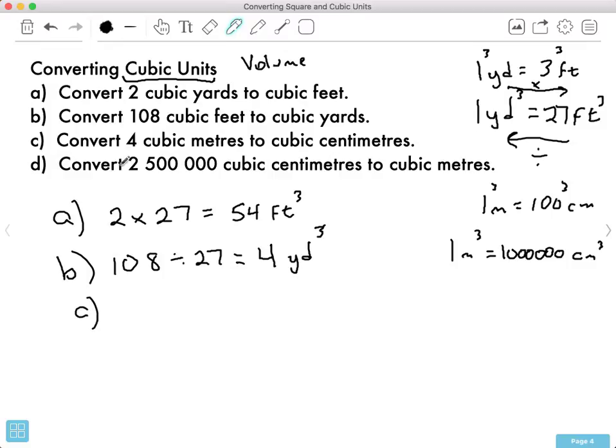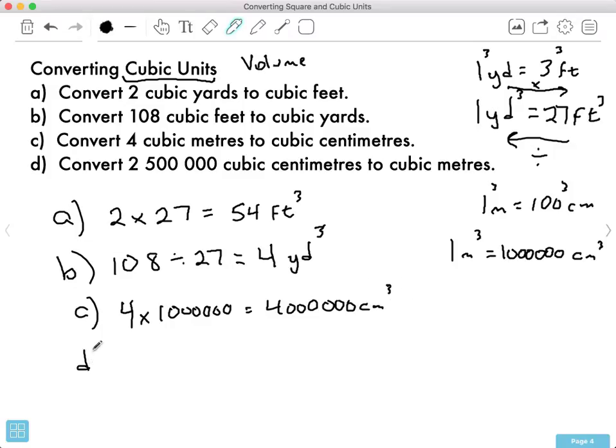So if I want to convert 4 cubic meters to cubic centimeters, again, going from the big unit to the small unit, I want to multiply. So 4 cubic meters times 1,000,000 is 4,000,000 cubic centimeters.